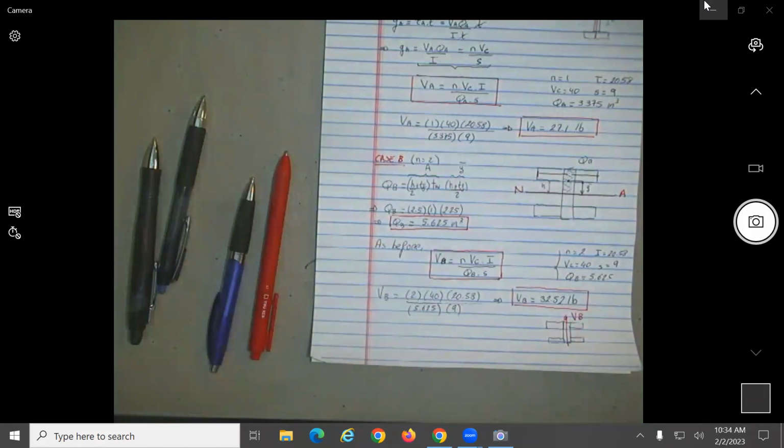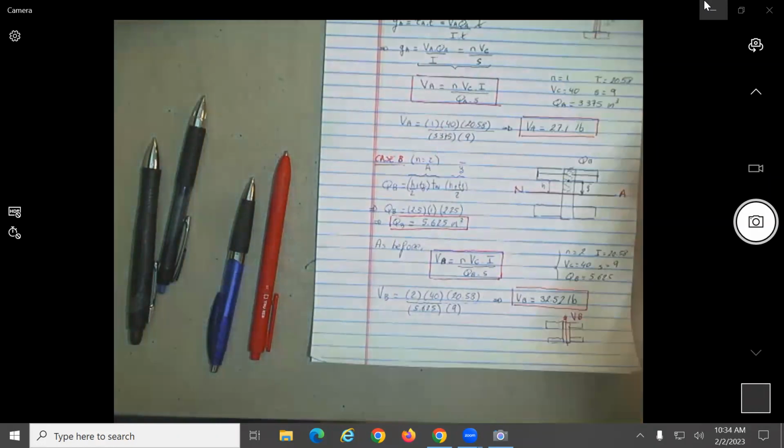Which one would resist a higher shear load? Case A or case B? Case B, okay. But then is it cheaper, not cheaper? I have no idea, but you would be using more nails, no? So it depends on your designs, no? Okay.